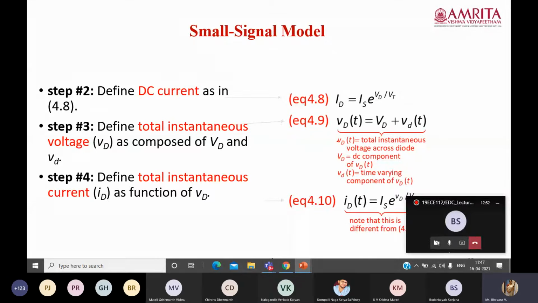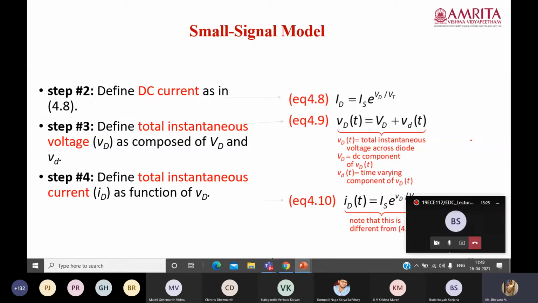And if you superimpose that VD with a triangular AC signal of amplitude small vd of t, then the instantaneous value of voltage becomes small v suffix capital D of t equal to capital VD plus small vd of t. So the corresponding current will be equal to IS e power this instantaneous value of voltage divided by VT.